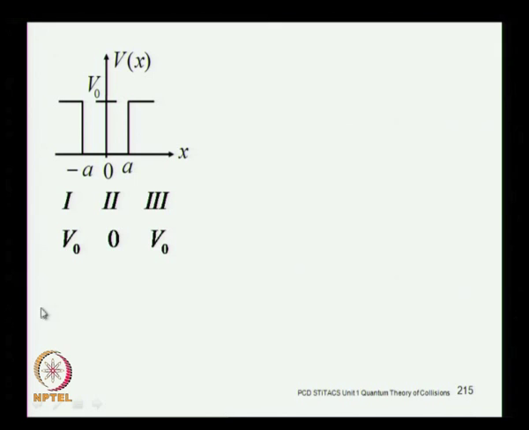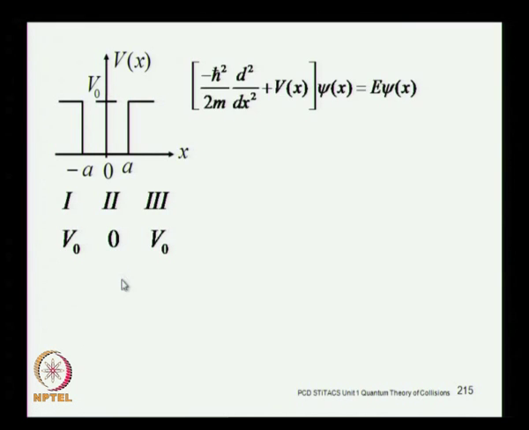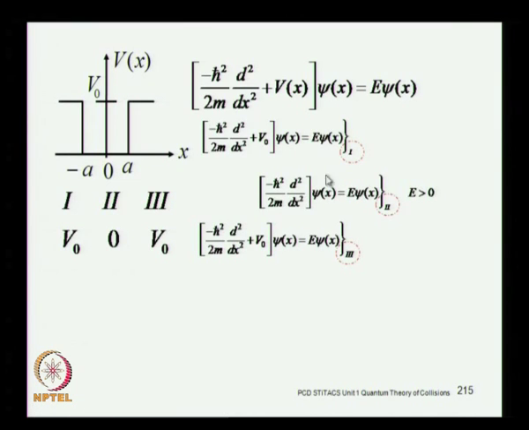So, there are 3 regions. The potential is V0 in regions 1 and 3, and it is 0 in region 2, that is the square well. You set up the Schrodinger equation for this one dimensional problem. You have solutions to the Schrodinger equation in the 3 regions. In regions 1 and 3 the potential is V0, in region 2 the potential is 0.